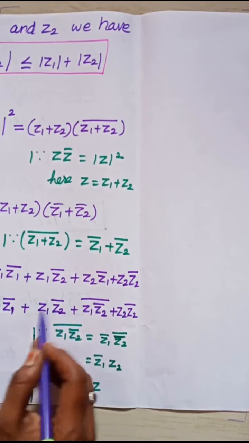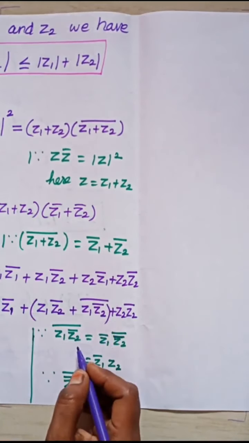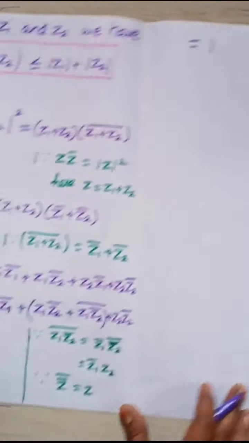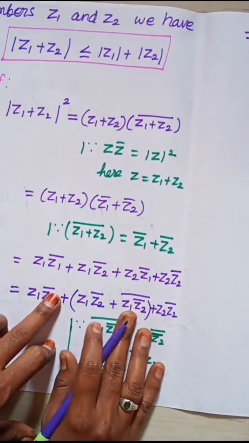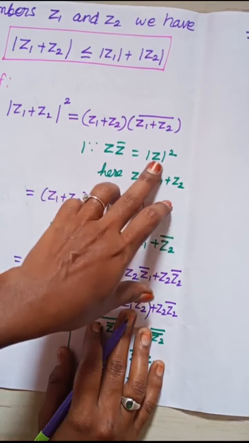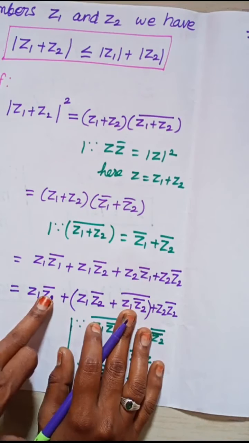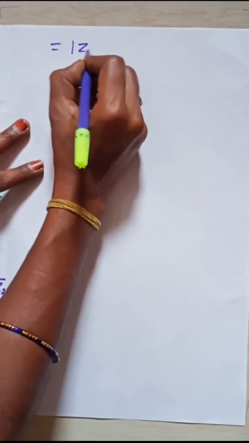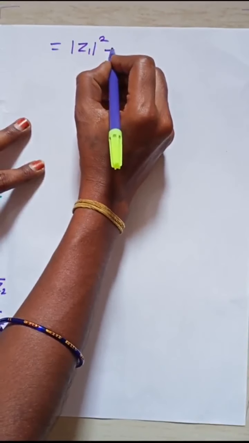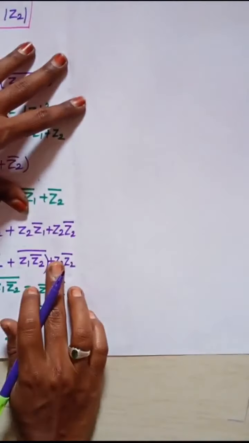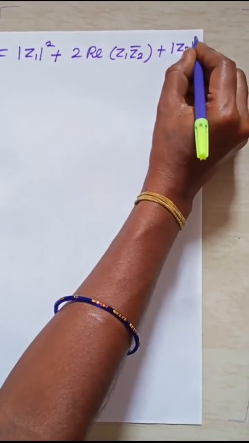So these two terms can be written as 2 into real of z1 z2 bar, because of the result. z bar z means modulus of z squared, so z1 z1 bar we can write as modulus of z1 square. Plus 2 into real of z1 z2 bar, plus z2 z2 bar can be written as modulus of z2 square.